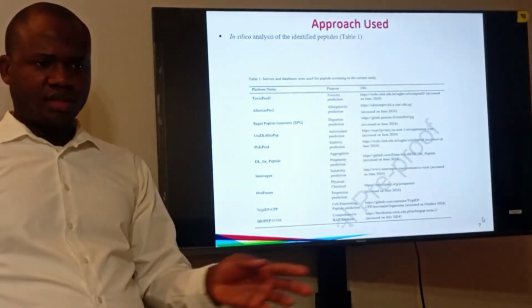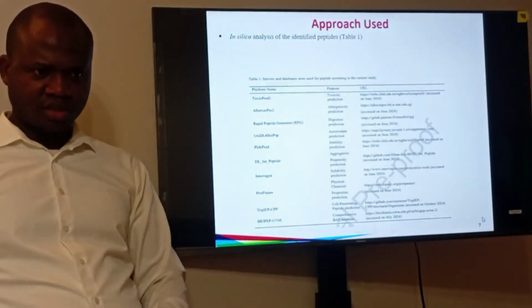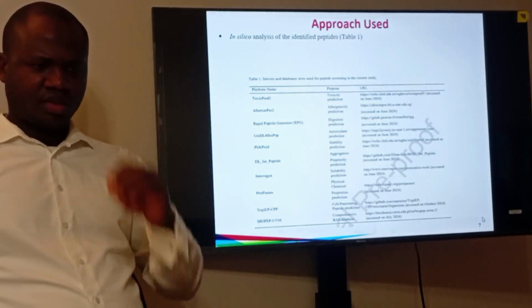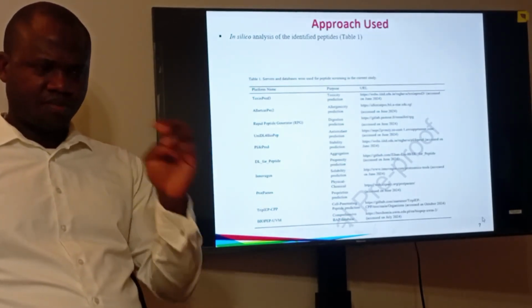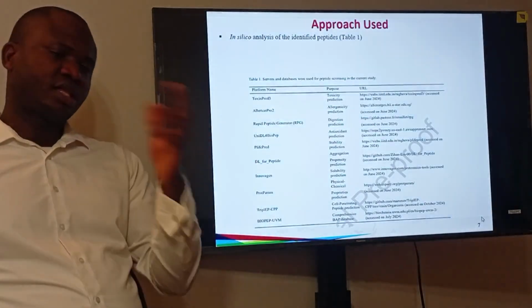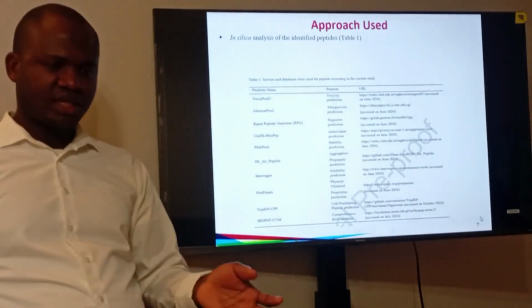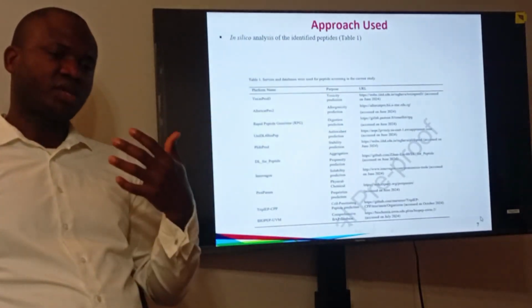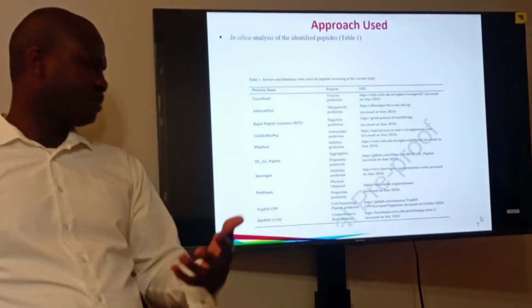So they used a lot of toxicity prediction and allergenicity prediction. They also used this particular database, AntiOxPP. That one helped them to determine the activity of the peptide in terms of antioxidant activity, because if you are dealing with cancer, antioxidant activity of a peptide is very important.